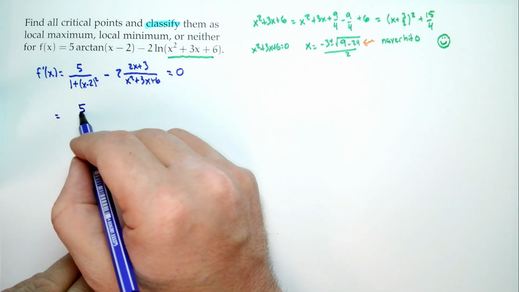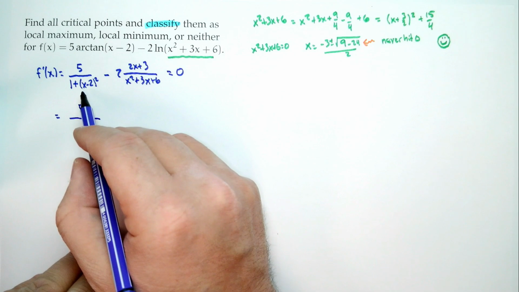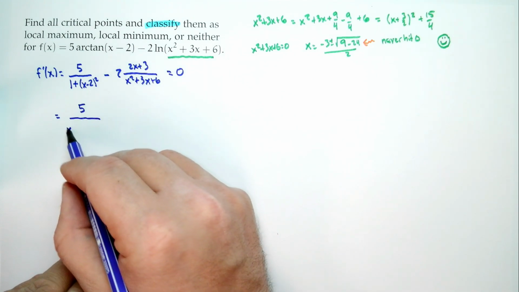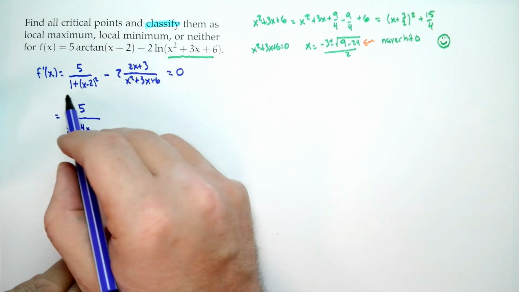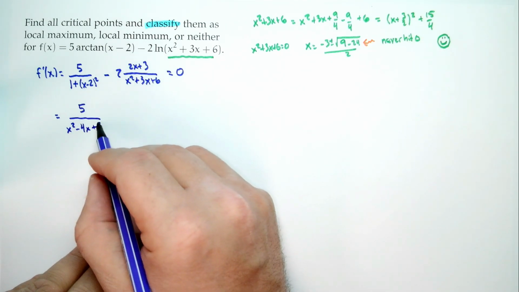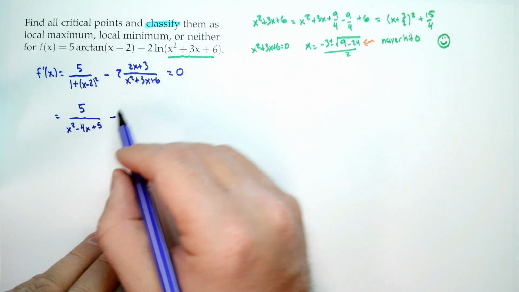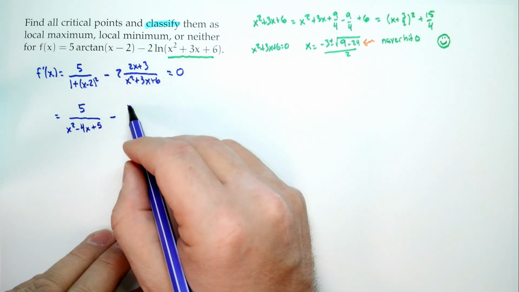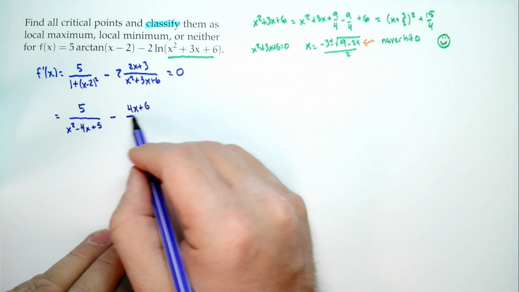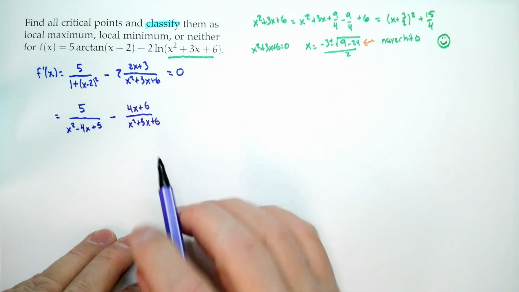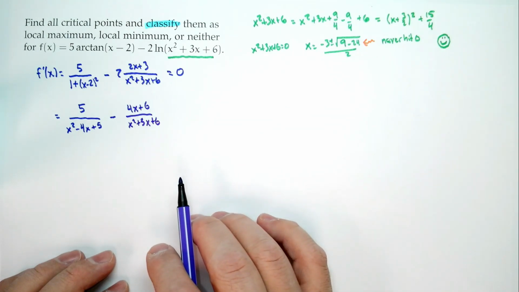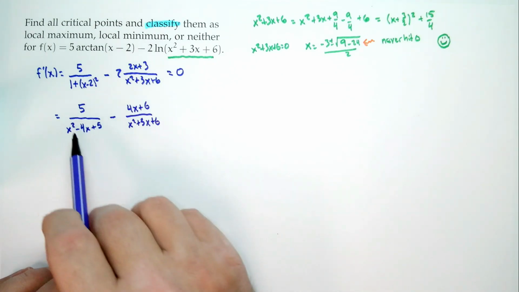Well, first thing we can do is let's clean up this denominator. If we square that, it would be x squared minus 4x, then there'd be a plus 4, we already have a plus 1, plus 5. Over here, minus, I'll multiply the 2 through, 4x plus 6 over x squared plus 3x plus 6. Now, at this stage, what can we do? Well, we can get a common denominator.